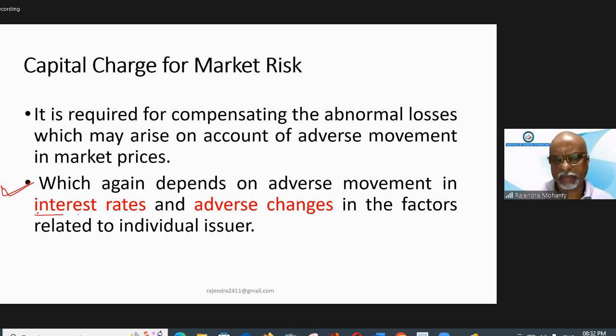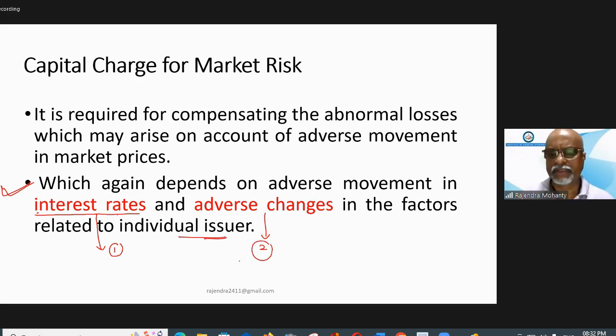Capital market risk happens due to change in the movement or change in the market rates. Second, I told you that apart from this, there might be some adverse changes in the factors related to the individual issuer.